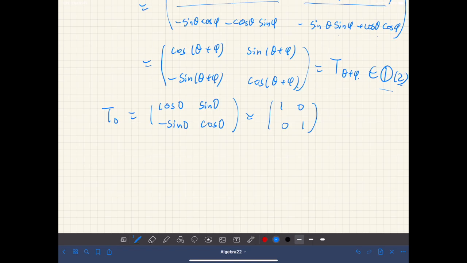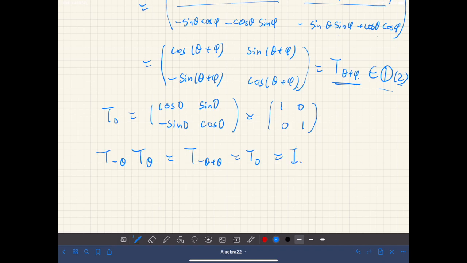And also, as we have seen, T negative theta times T theta is T negative theta plus theta, which is T0, which is the identity matrix.